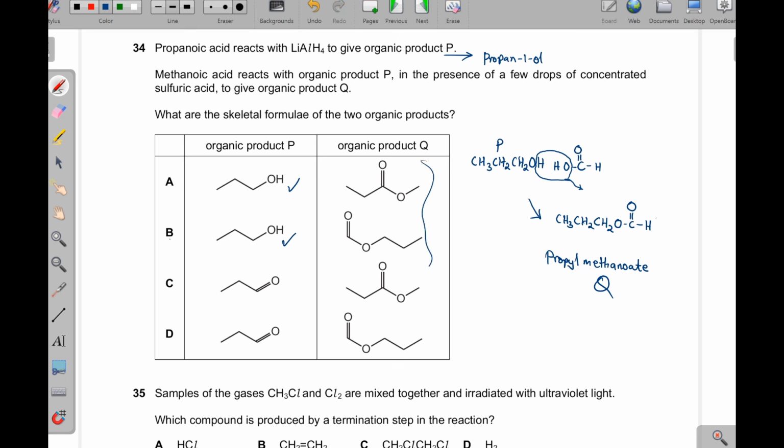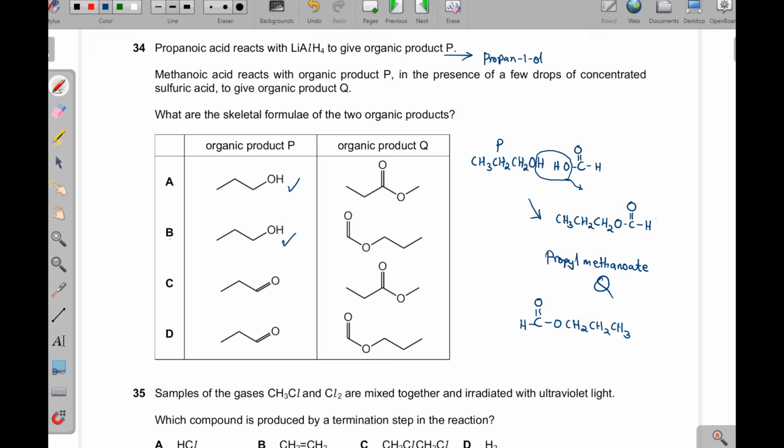Then we come to Q here. We have the carboxylic acid end here. It doesn't matter whether we write it at the end or at the start. I can begin by writing it like this, then O, and then I put CH2, CH3.